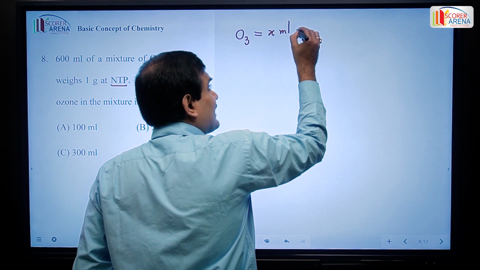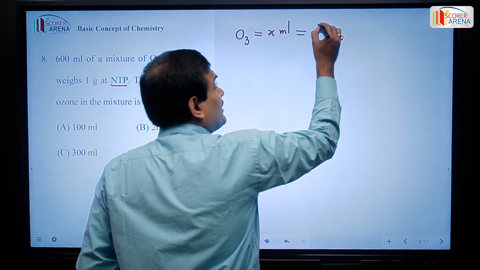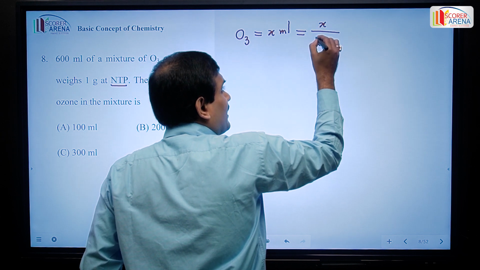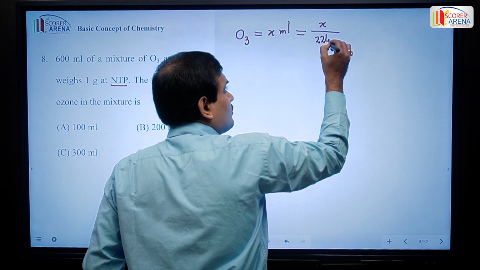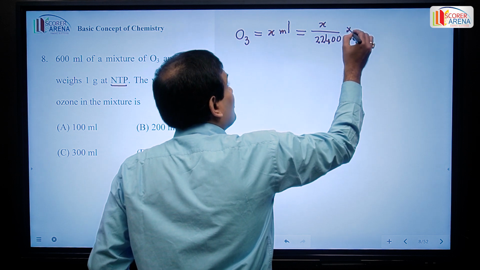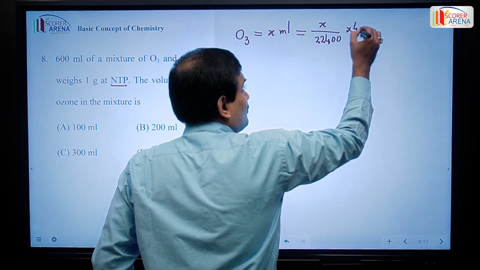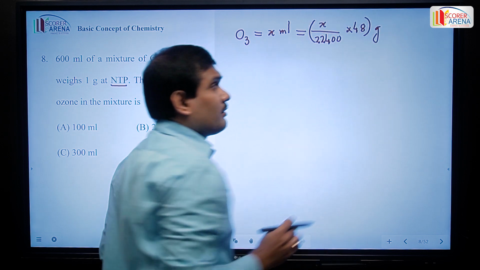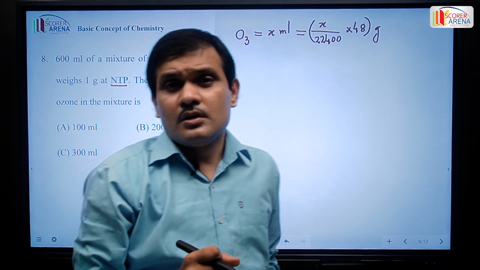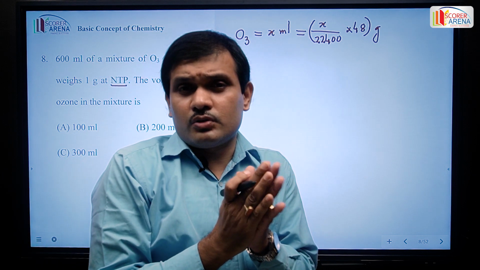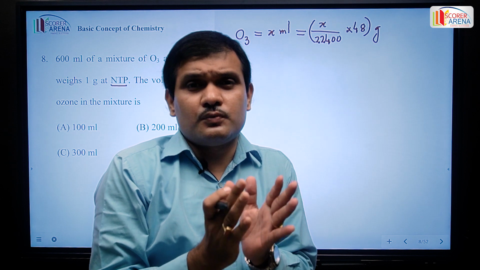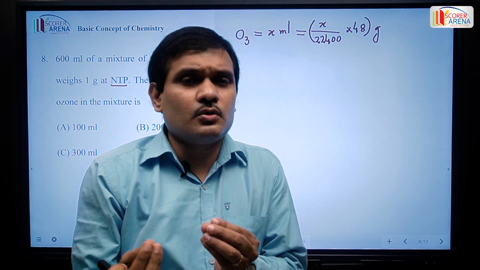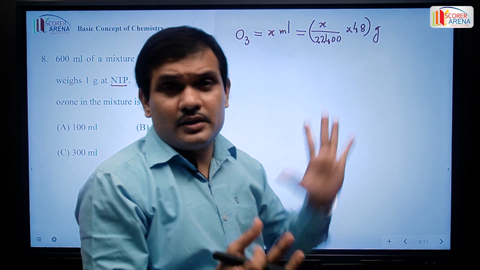So x milliliter ozone means it will be x by 22400 into 48 grams. So think how I am dealing with this. 22.4 liter, that means 22400 milliliter ozone, will correspond to its molar mass, that is 48 gram.